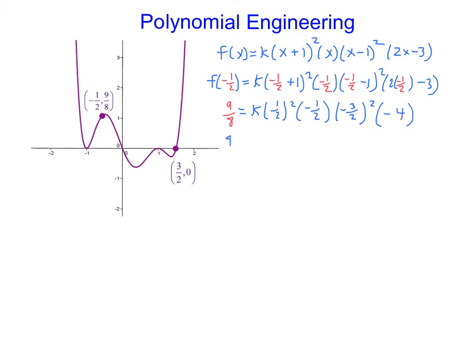Okay, so now multiplying through, I'm just going to distribute this part. 1/2 squared is 1/4. Here we'll stick with -1/2. Here, -3/2 squared. Negative is going to be positive, 9/4, and -4. Okay, we keep going.